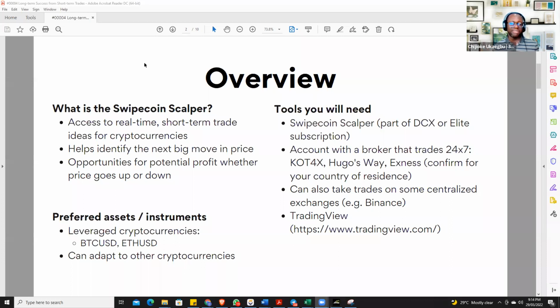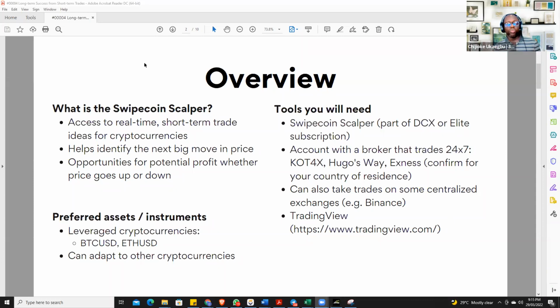It's rare that I have seen a trade on the Swipecoin Scalper that has gone beyond a day. Obviously, it depends on how you're using it and what your targets for profits are. But generally, the idea behind the scalper is you're getting into the market, you're trading Bitcoin, Ethereum, and you're getting out ideally with a profit. So it's short-term moves. You're going in and you're going out.